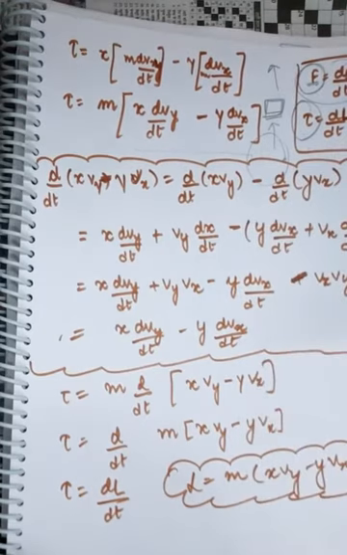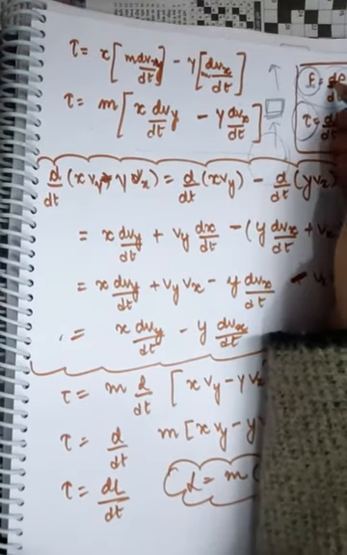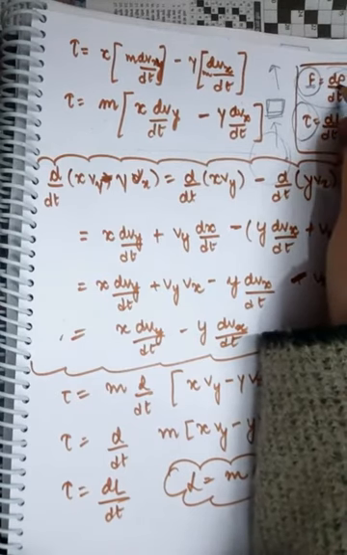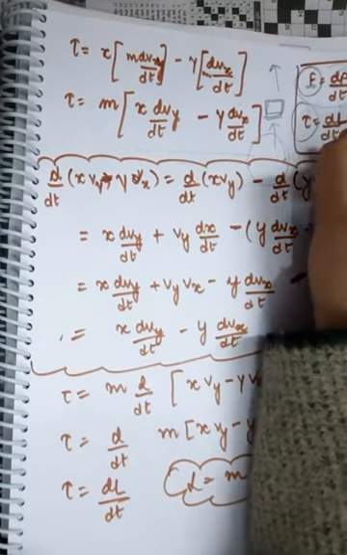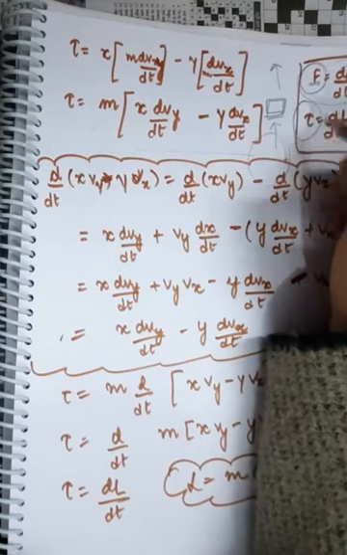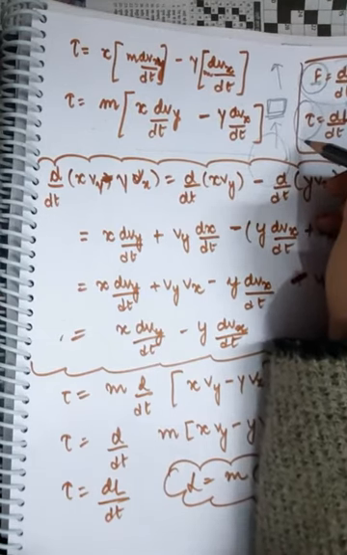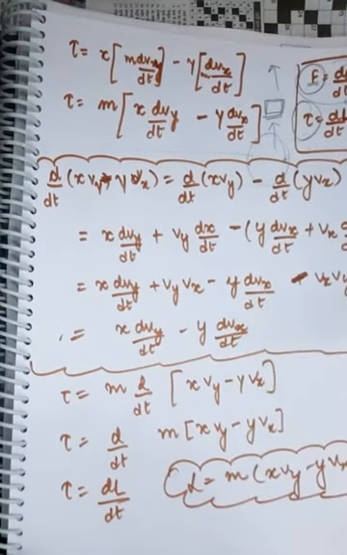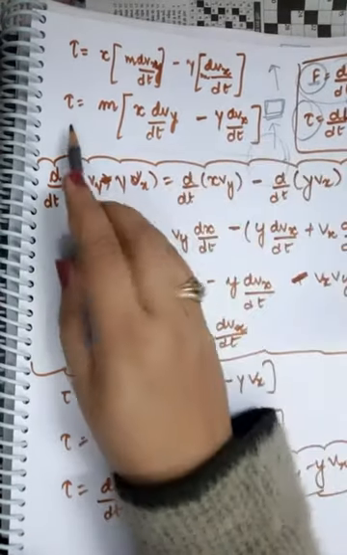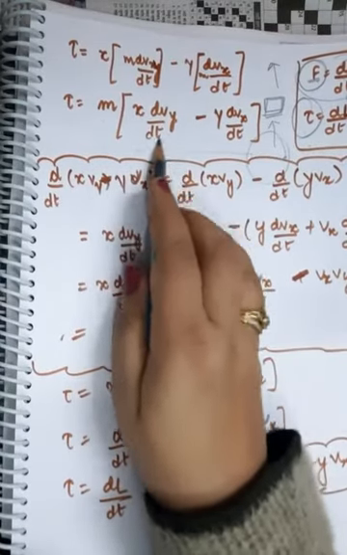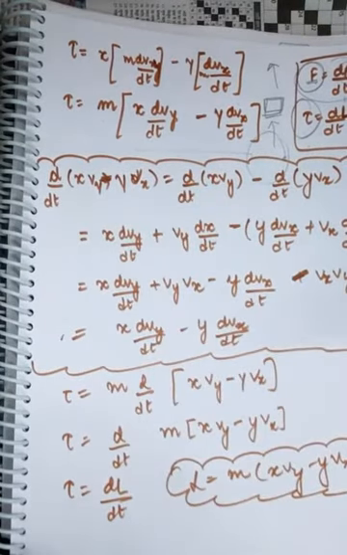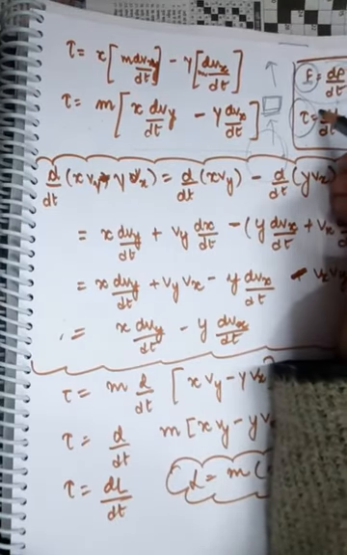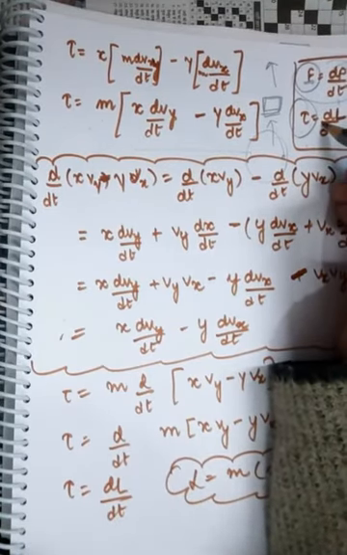So if force is the d/dt of some quantity, torque should also be the d/dt of some quantity. But here torque is not directly coming as the derivative of something; it's a complex form, not as simple as this.